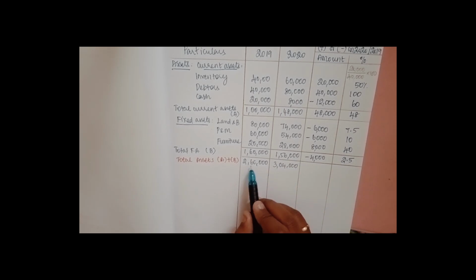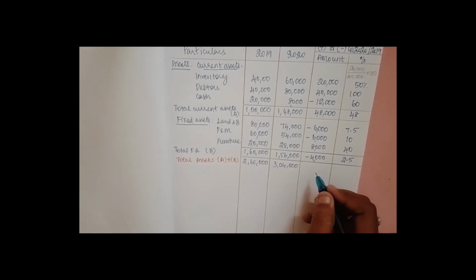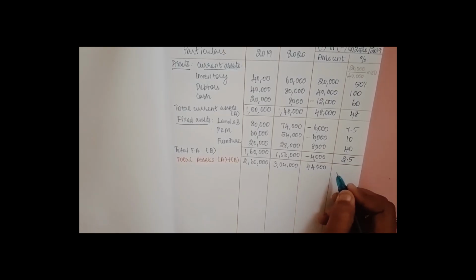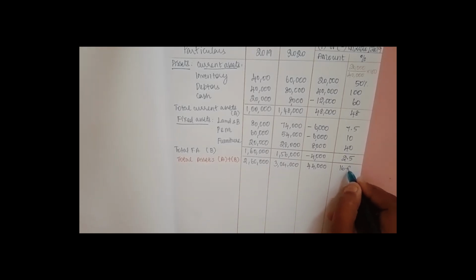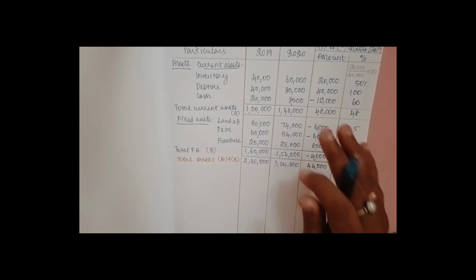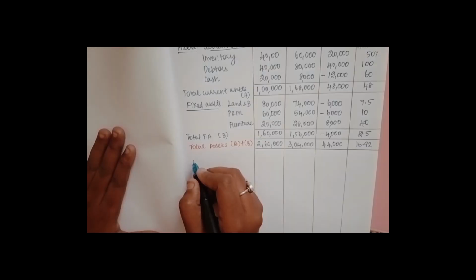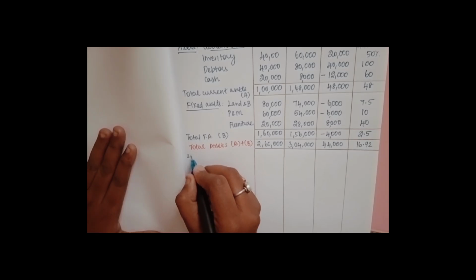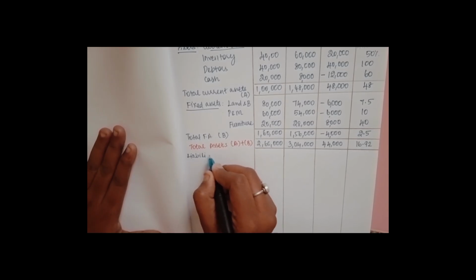Now there is an increase of 44,000, so 44,000 divided by 2,60,000 would be 16.92%. So with this we are completing the asset side. Now let's move on to the liabilities side.